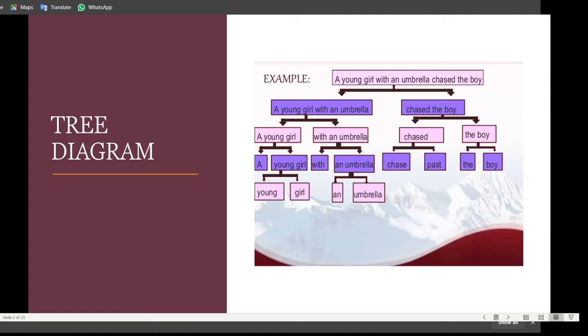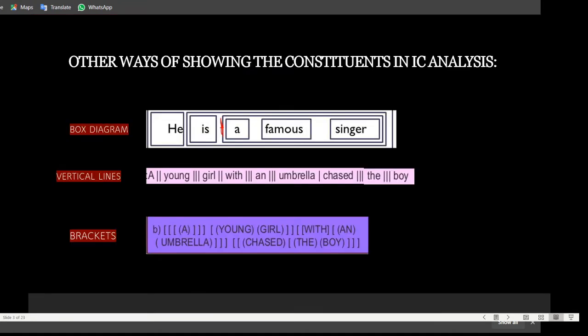Other than the tree diagram, there are other methods also to show this binary division. One is the box diagram, another is using vertical lines, and the third is using brackets. So tree diagram, boxes, vertical lines, and brackets are some of the methods through which we represent this binary division of a construction using IC analysis.